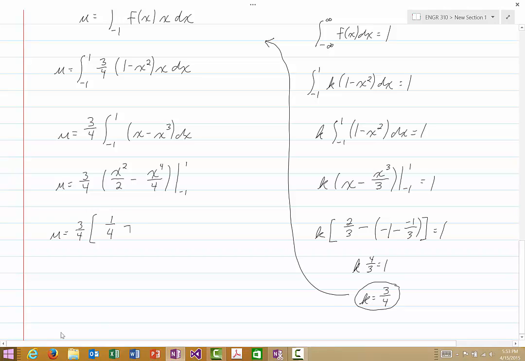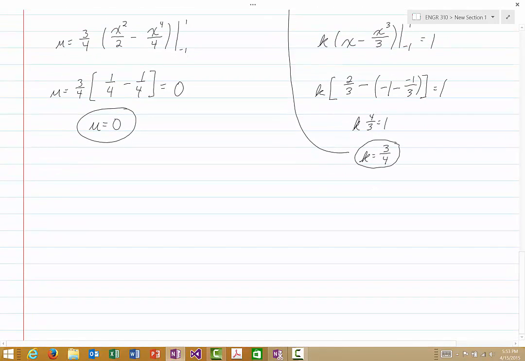And then when we evaluate at the lower limit of -1, we get -1 squared, that's 1/2, minus -1 to the 4th is 1/4. So 1/2 minus 1/4 is 1/4. And as predicted, indeed, we will get 0. So that's how we calculate the mean of a continuous random variable.